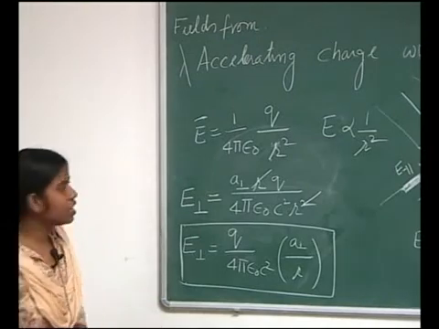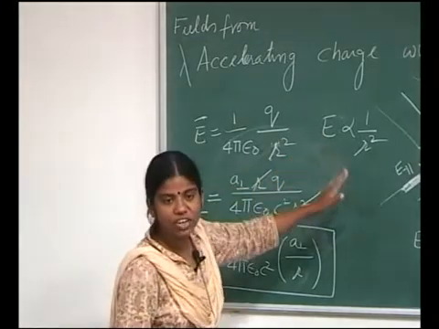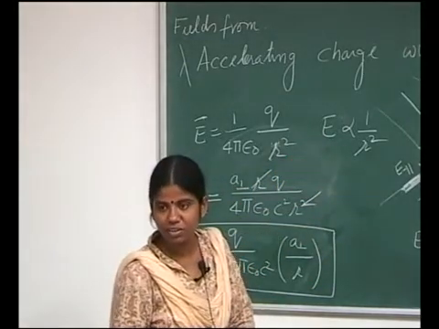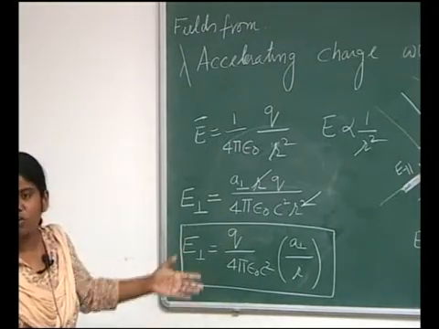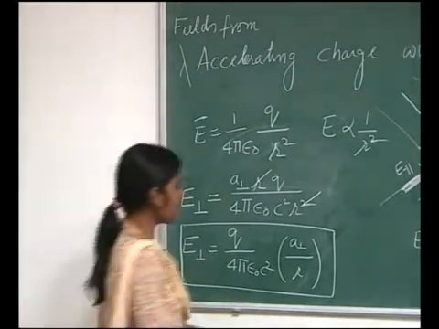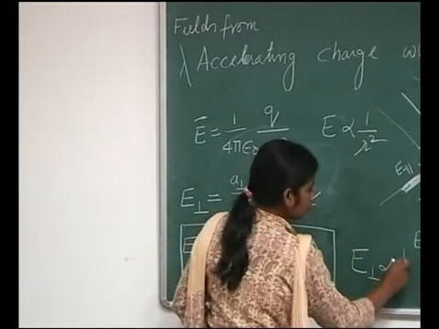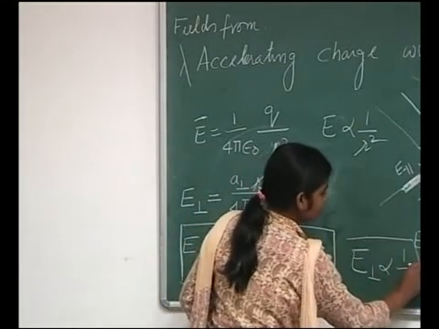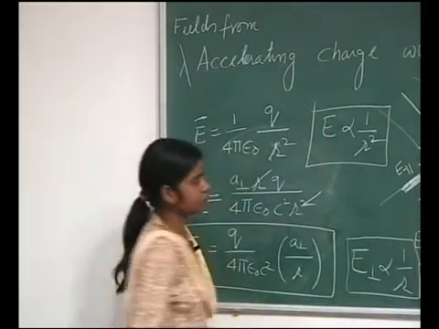So, it means the EM field in the case of a static charge will fall off very fast, but in the case of an accelerated charge, the field will not fall off that fast. So, here I have E perpendicular is proportional to 1 by r. This is an important difference.